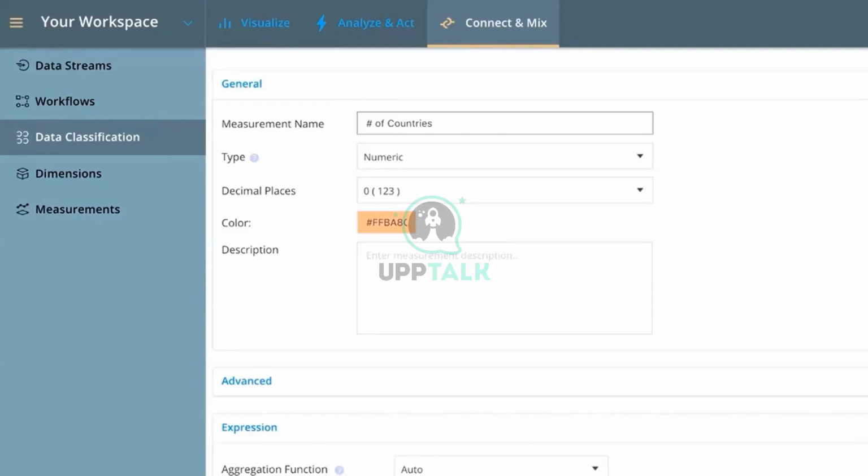That happens because the aggregation function is at auto by default, as you can see in the screenshot below.